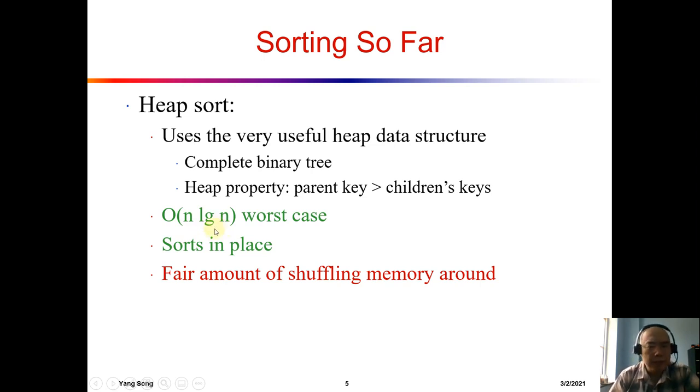Is the base number 1.1, or 1.5, or 10? This base number can really make the difference. Comparing the heap sort with the quicksort, the quicksort has a smaller base number here.